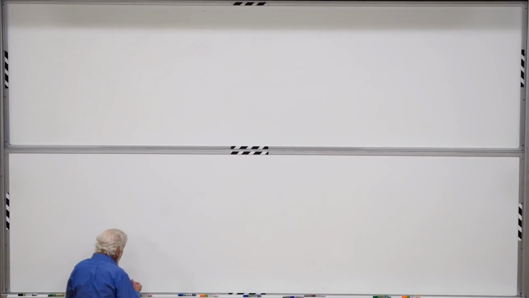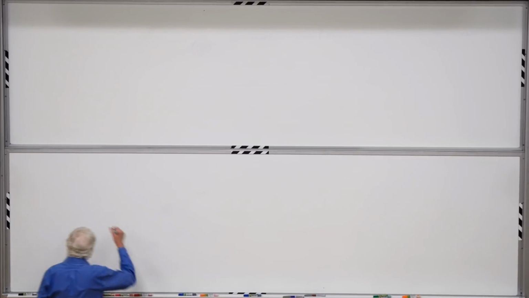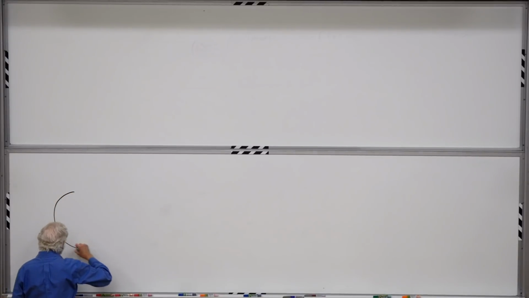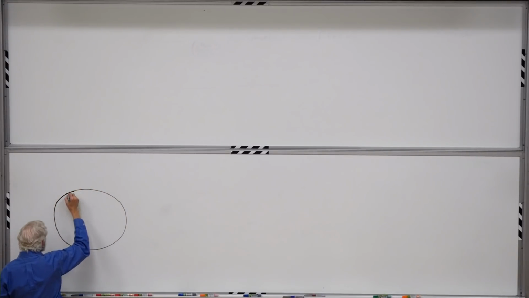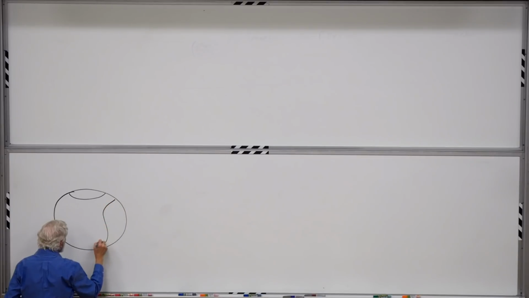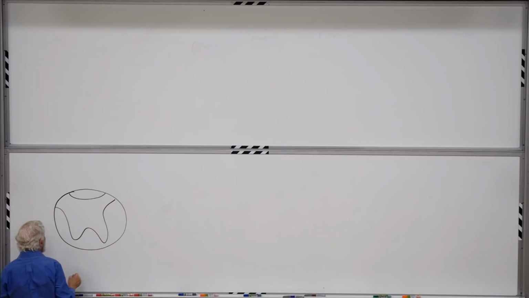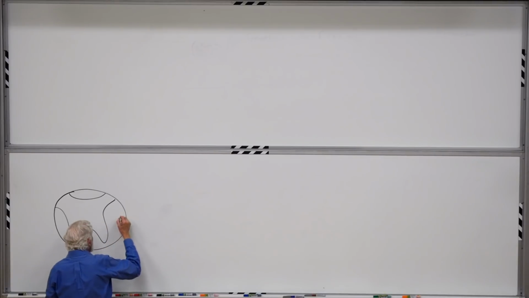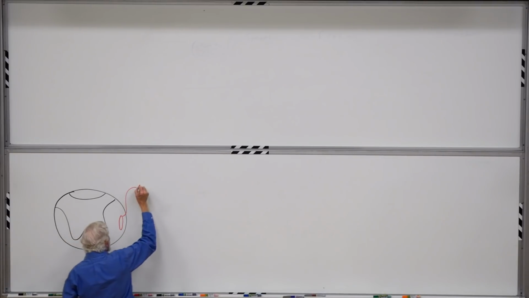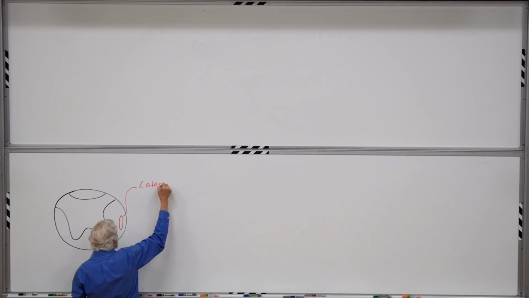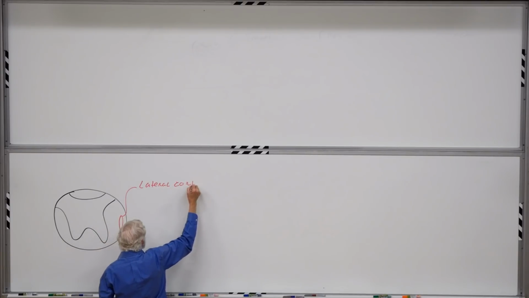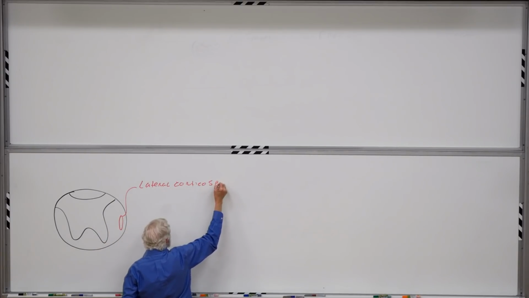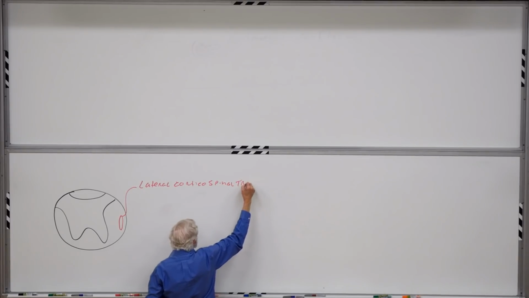But where I want to start here is to look at a cross-section of a spinal cord. Out here at the side is the lateral corticospinal tract.